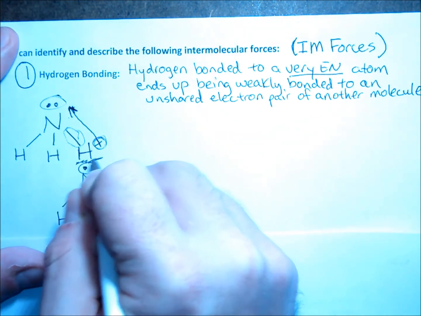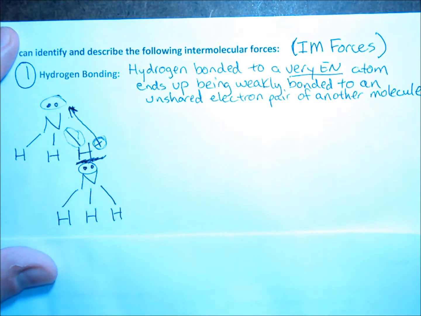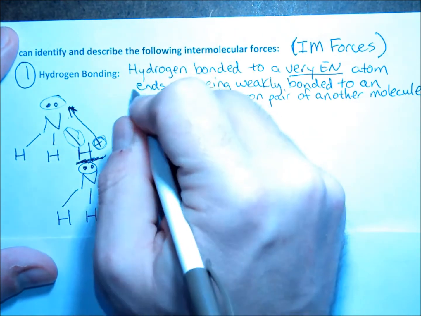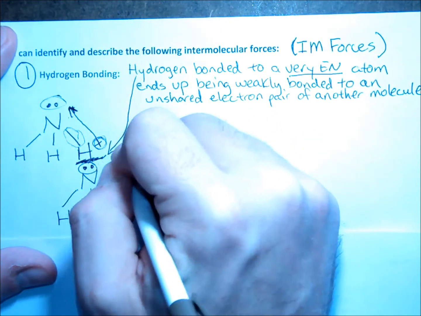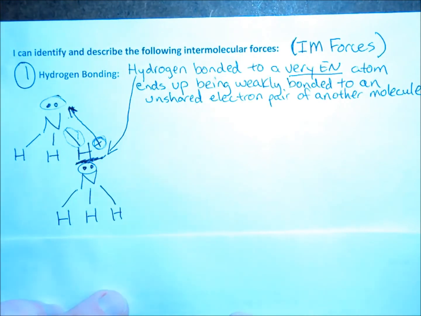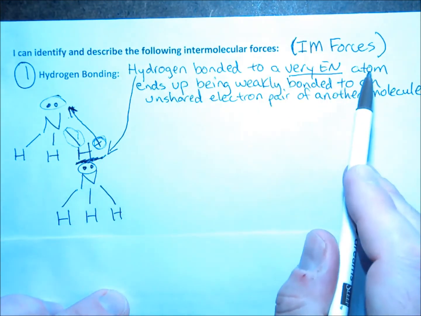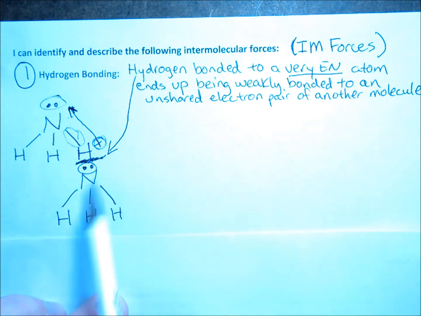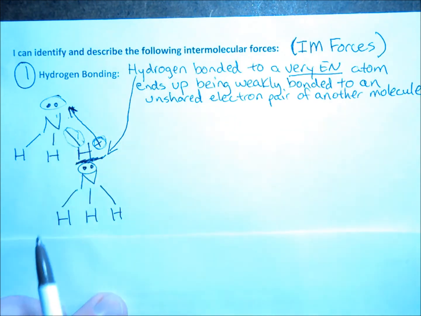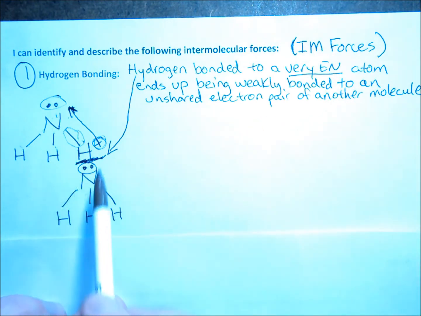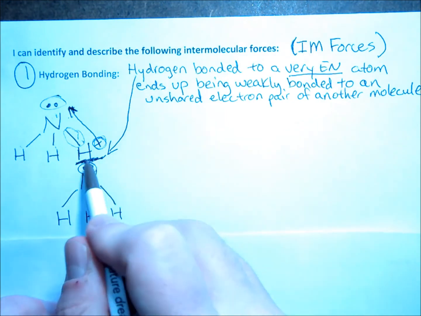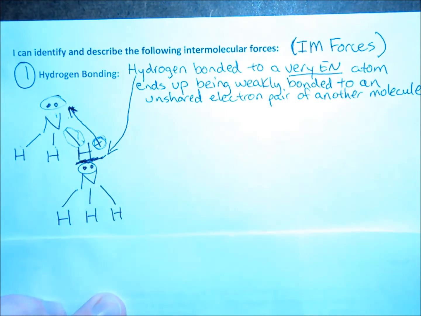And this attractive force is our hydrogen bond. So hydrogen is bonded to a very electronegative atom, this to this, this to this, this to this, and ends up being weakly bonded to an unshared electron pair of another molecule. This is why it's an intermolecular force between two molecules.